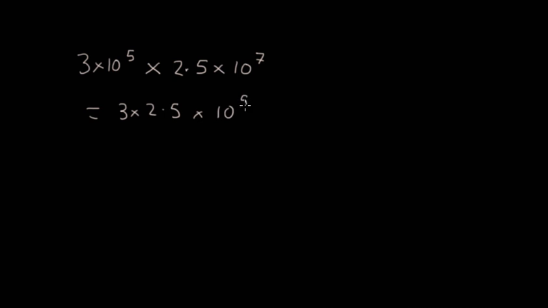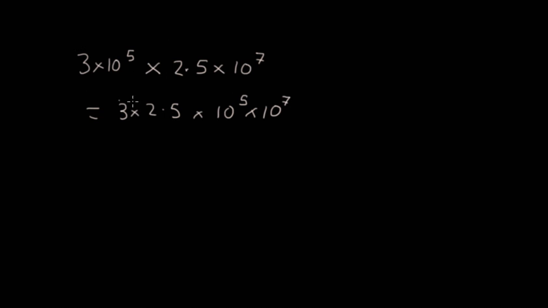Say we had 3 times 10 to the power 5, and we want to multiply it by 2.5 times 10 to the 7. So here, let's take the 3 and multiply it by the 2.5, and then 10 to the 5 times 10 to the 7.